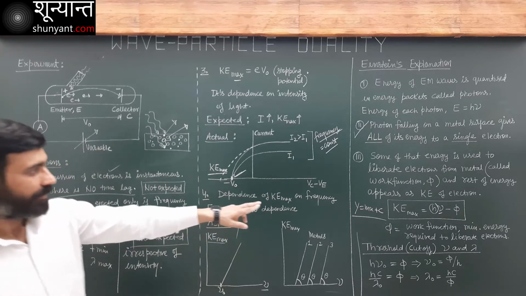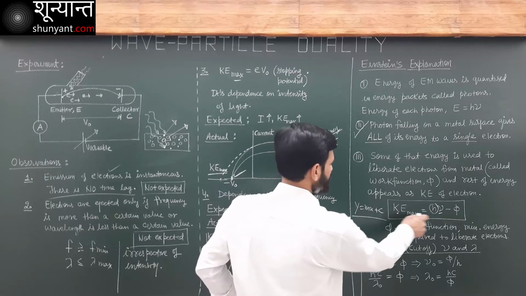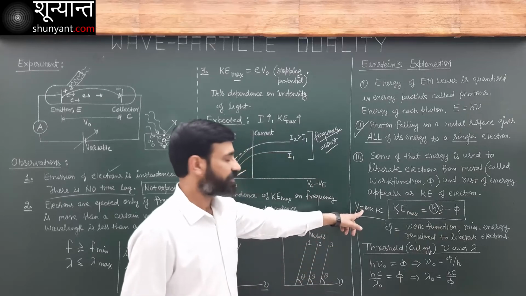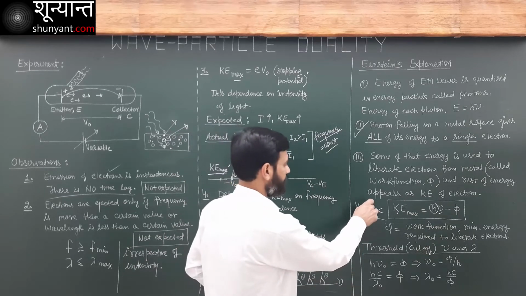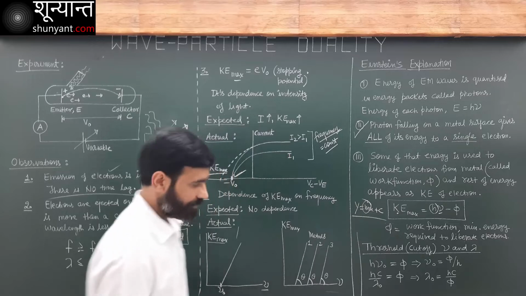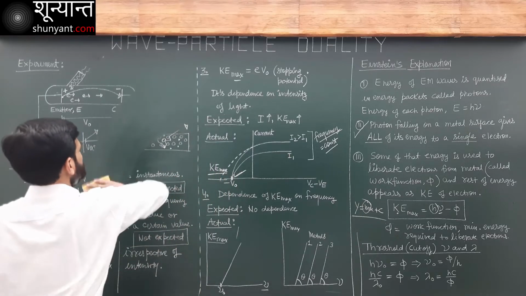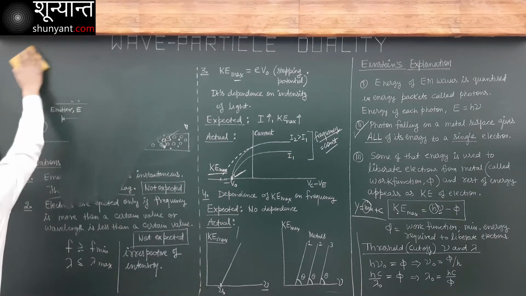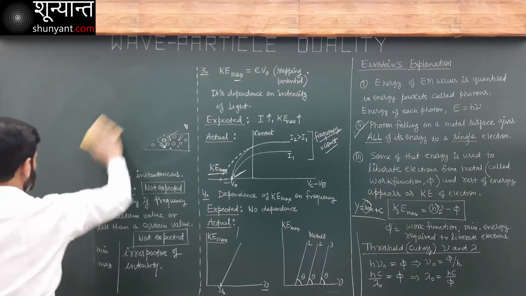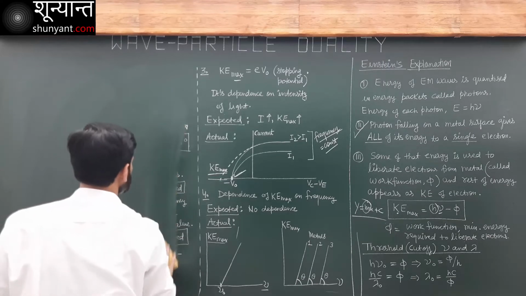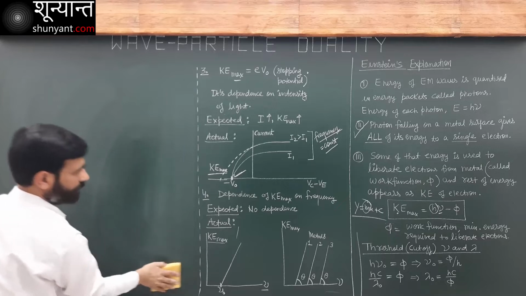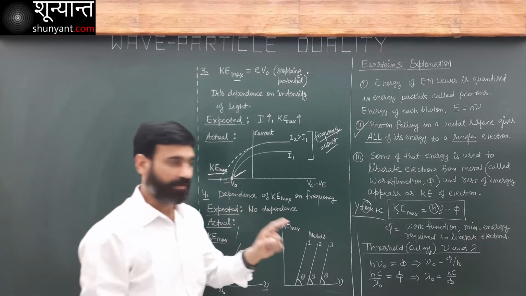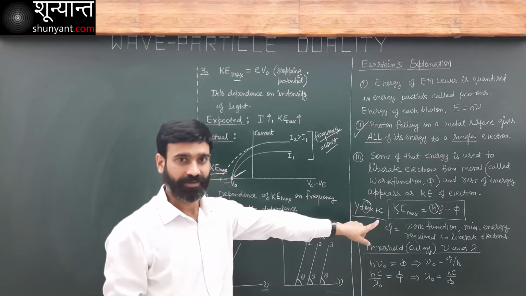Kinetic energy versus frequency, like y equals mx plus c. This m is a constant. So I'm going to clean all this. Okay, so we explained everything using this theory.